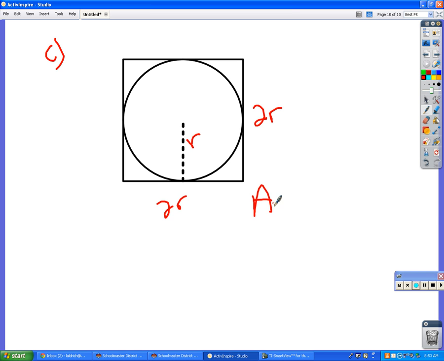What is the area of the square? 2R times 2R, which is 4R squared. That's the answer.